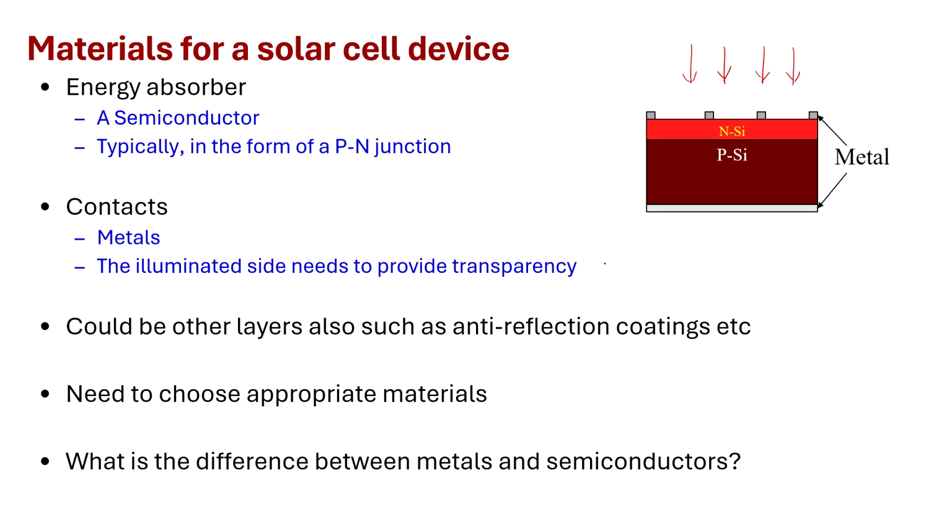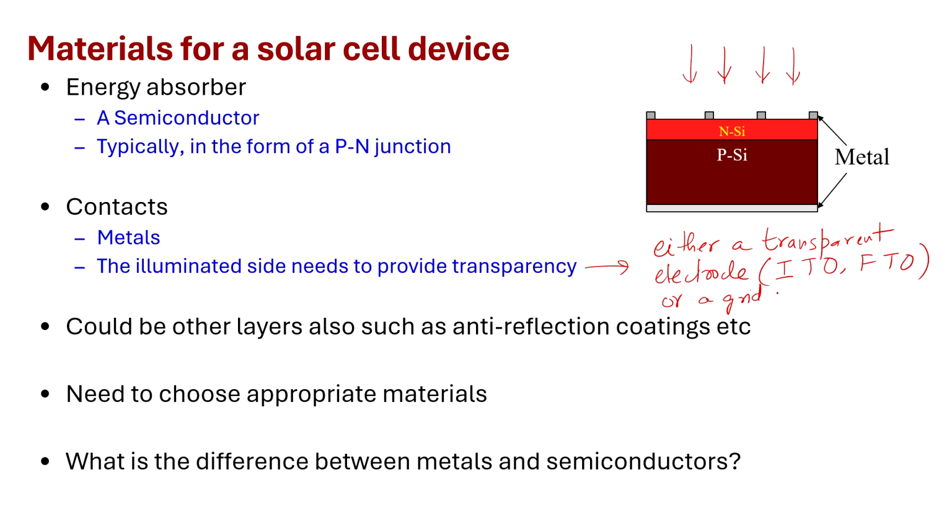So this is where we use a top contact, which is either a transparent electrode such as indium tin oxide or fluorinated tin oxide, or a grid of, let us say, silver, okay, so that maximum light absorption can occur.